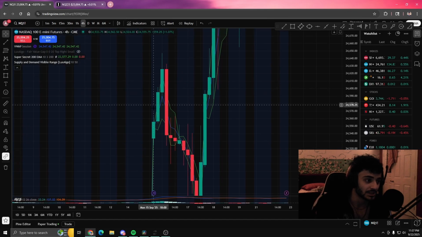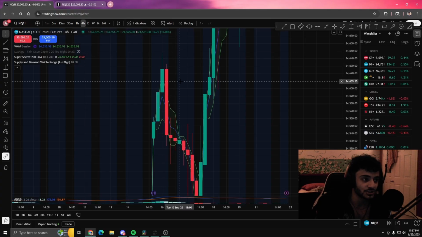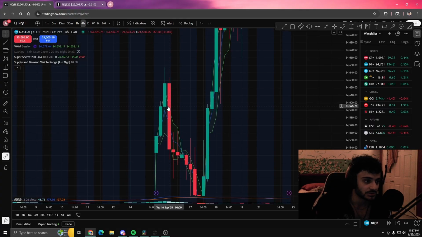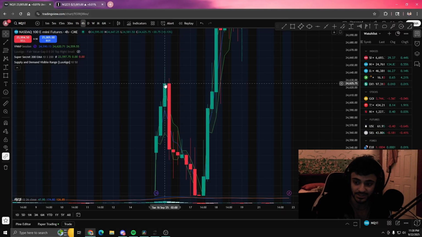Now, what are the lines above and below it? This line above gives you the history of the wick, right? So what really happened. On a green candle, the lower part of the candle where the rectangle starts, that's where price started. When this candle opened, it opened here. The top of the rectangle is where price closed.